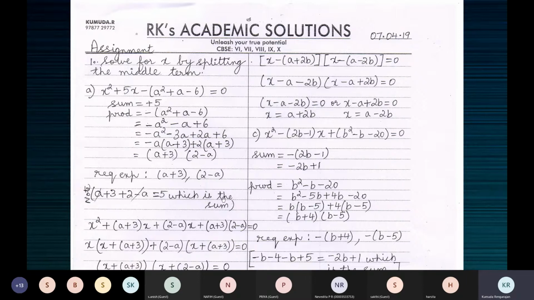Sometimes you might see the rest of the material with curiosity as to what else is there. Please don't do that. Shakti, what's your question? No, ma'am, I cannot understand the question.